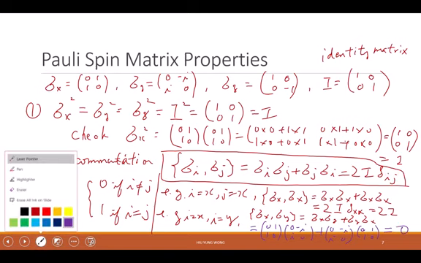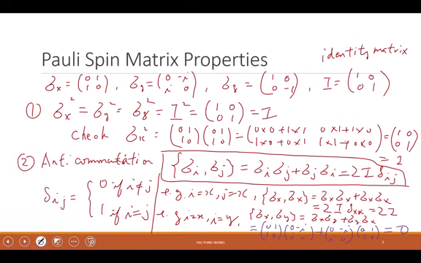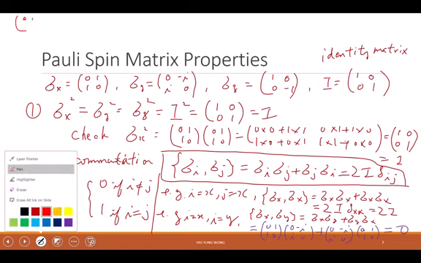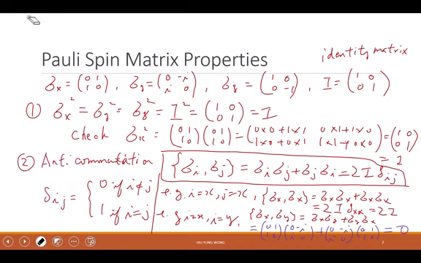For those who are not familiar with this, let me try to do a quick calculation, right? On the top, 0, 1, 1, 0, the first term. The first term, 0, 1, right? 0 times 0 plus 1 times i. This gives me the first row, first column.